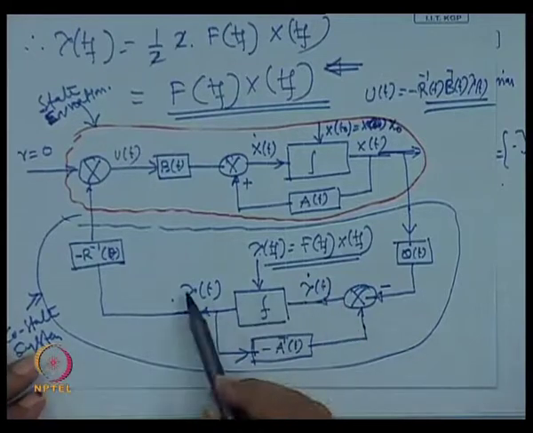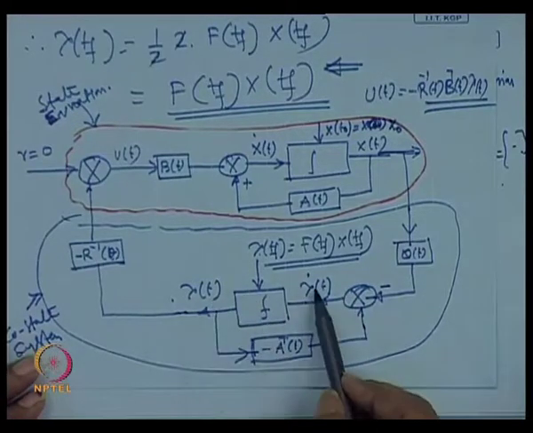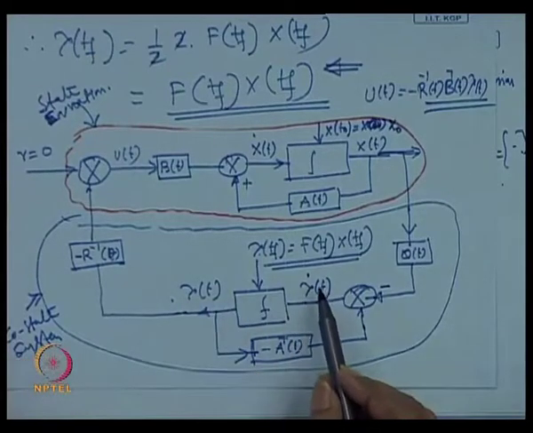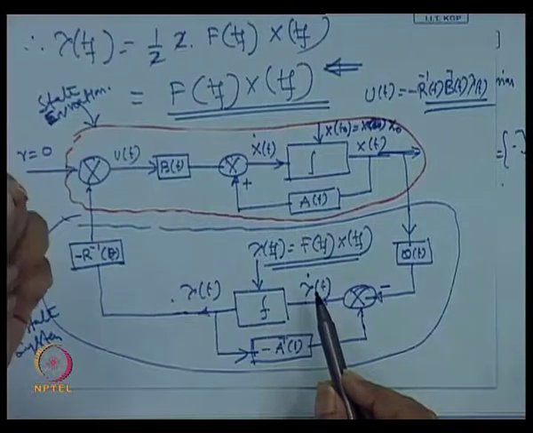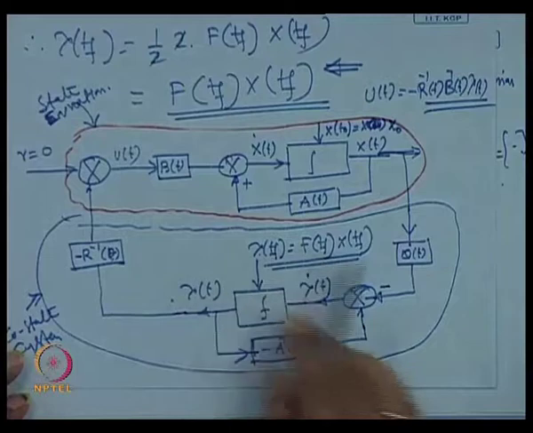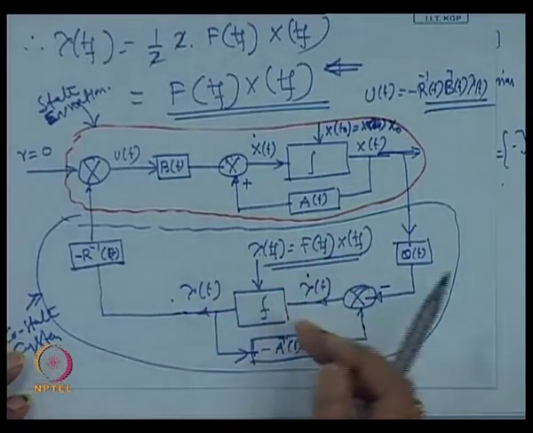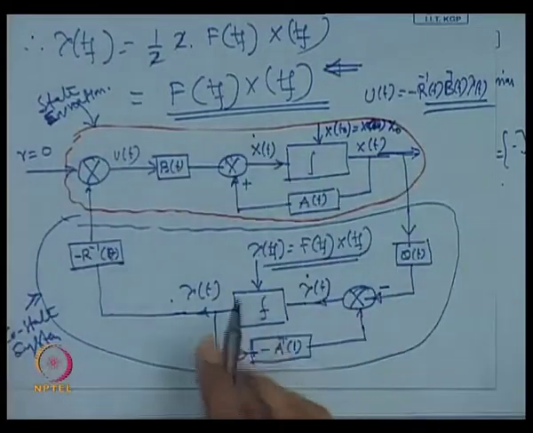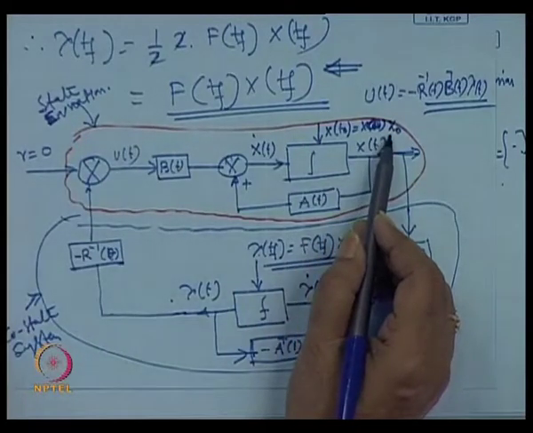Now, see this one: at t equal to t f, if you know the lambda t f value, then I can find out the previous state, if the step size is T, T f minus T, by solving the differential equation in a backward process. And this whole thing is dependent on x 0, x t 0.